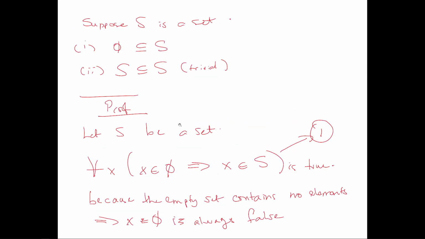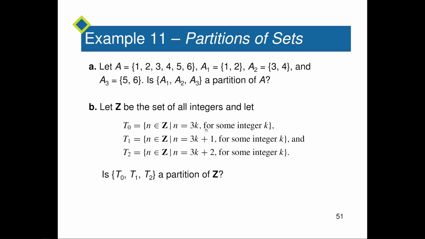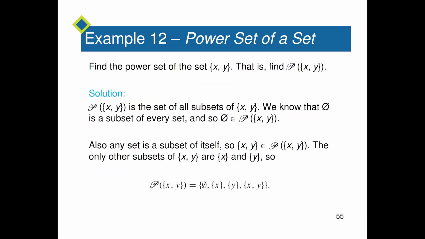That is why this proof is very important. The empty set is a subset of every set. So when we write our power set, we need to always include the empty set. Also any set is a subset of itself, which is why we had S as a subset of S as before, which is a trivial proof. So XY is inside the power set itself.